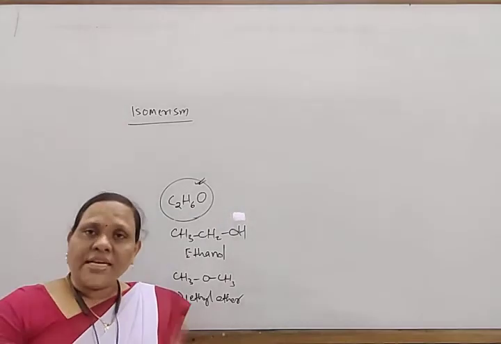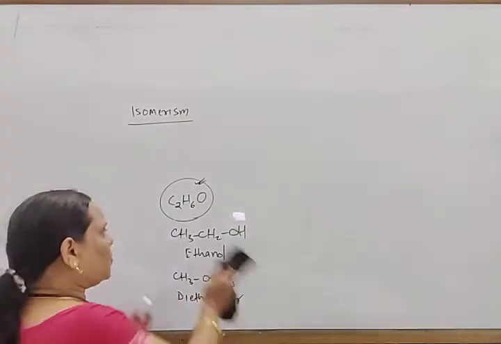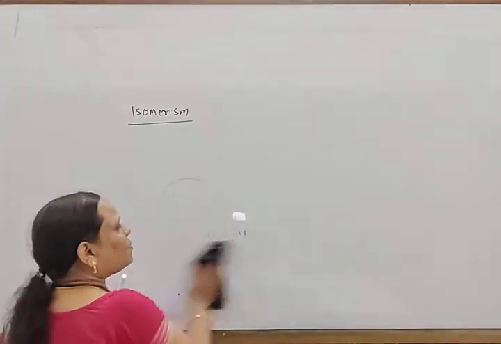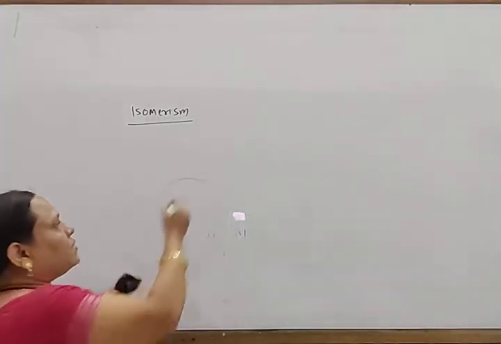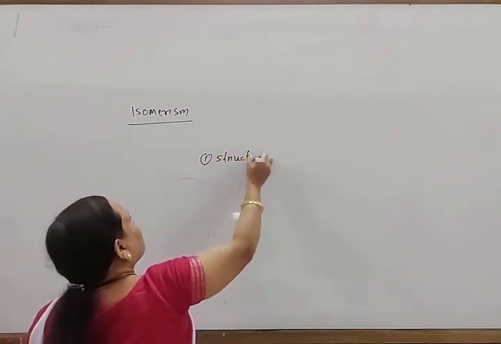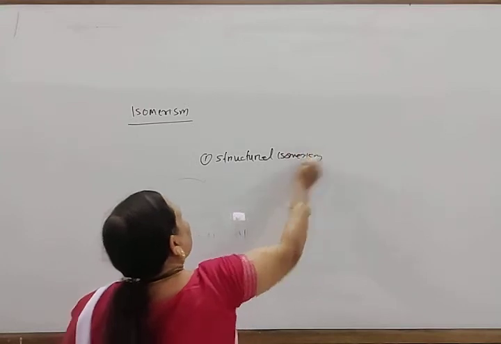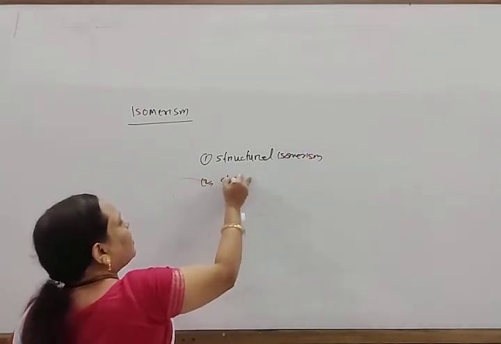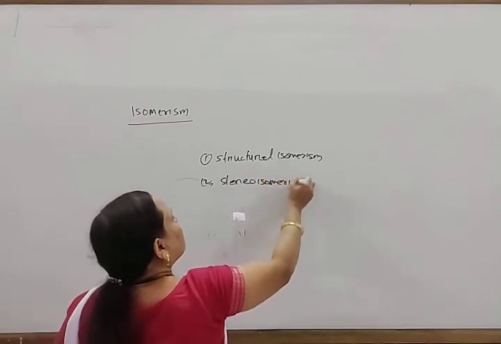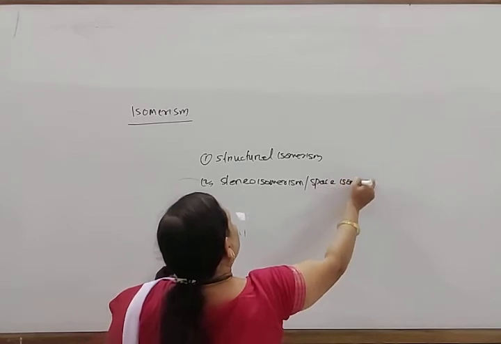Okay? So isomerism in organic chemistry is generally classified into two types. One is known as structural isomerism, and another is known as stereoisomerism, also called space isomerism.